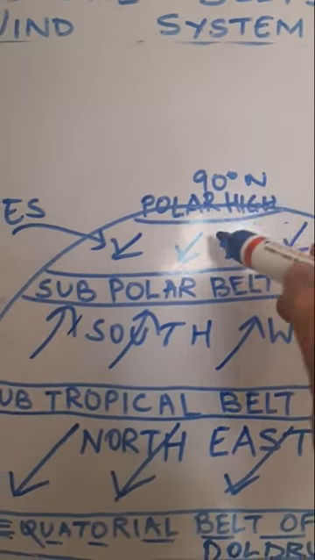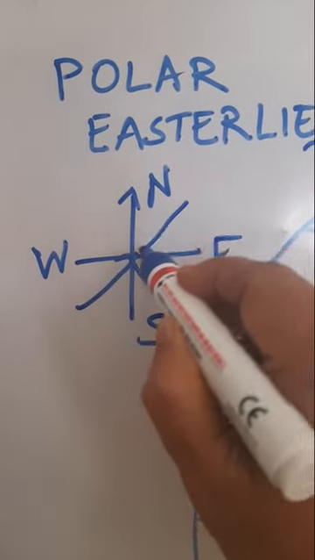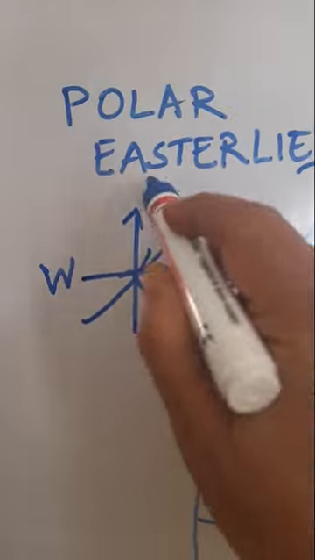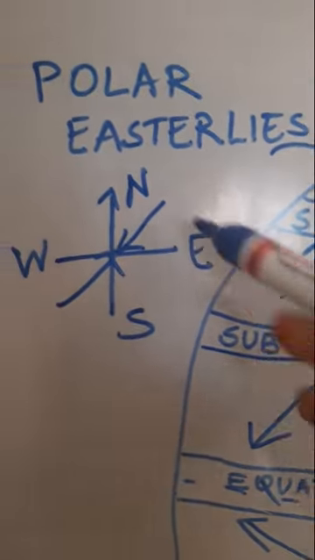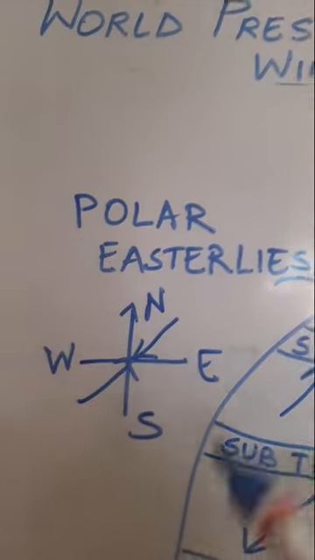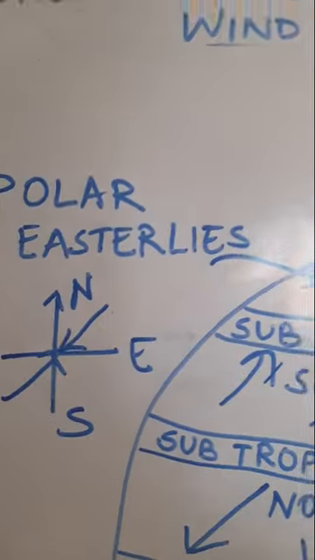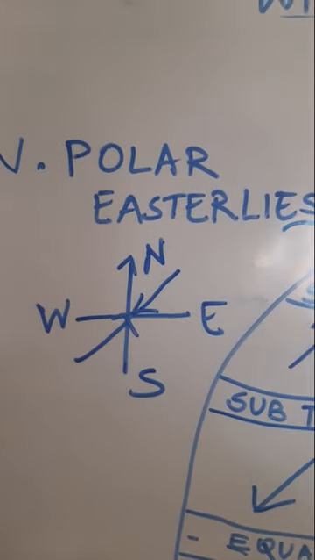Similarly, in case of polar easterlies, the wind is blowing in this direction, that is, it is lying between north and east. So, east is important. So, polar easterlies, or you can also call it north polar easterlies. East and north, both of them are there.